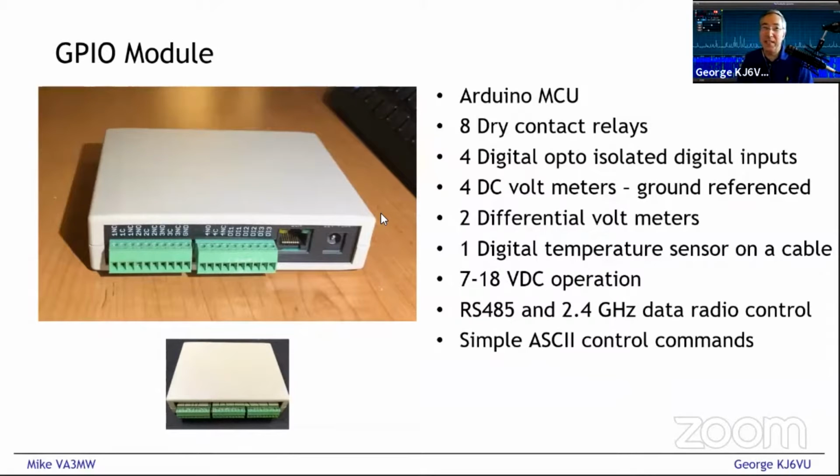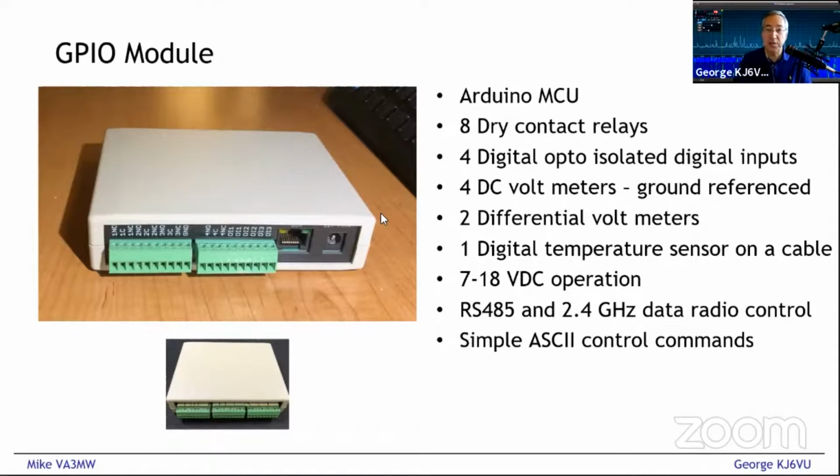This box is really intended to do a variety of things. There is an Arduino microcontroller in it as the brain. There are 8 dry contact relays and digital inputs that are optically isolated. There are 4 DC voltmeters that are referenced to station ground.